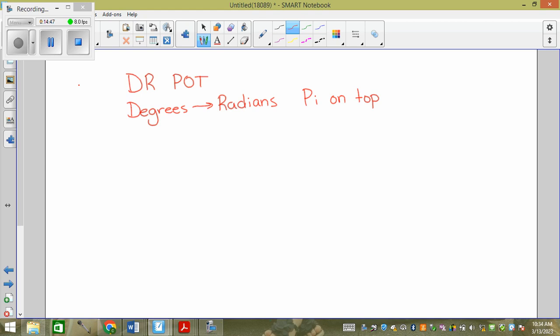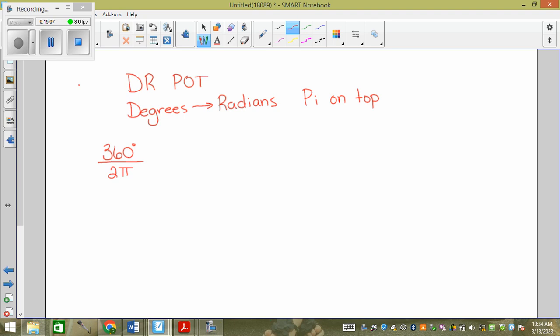Now, the unit circle, we have seen, goes to 360. True statement? 360 in radians is 2 pi. These are equivalent, so I can make a ratio out of them.